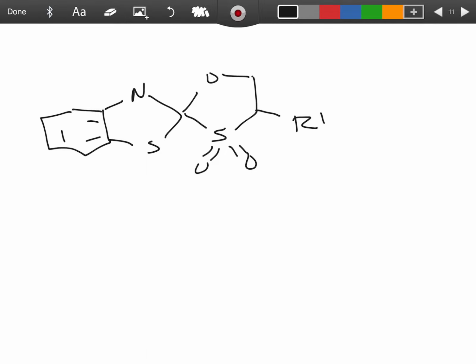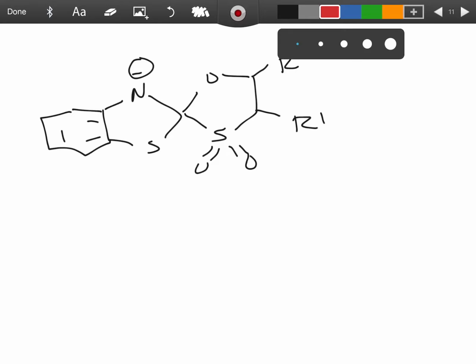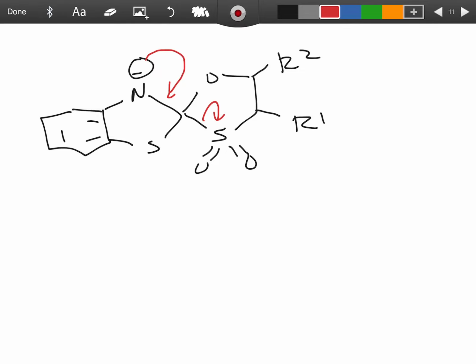Have R1 and R2. All right, so we're going to break our aromaticity. And then these electrons are going to come back down, push electrons onto sulfur. Sulfur is going to push its electrons down to make the double bond, push electrons onto the oxygen.